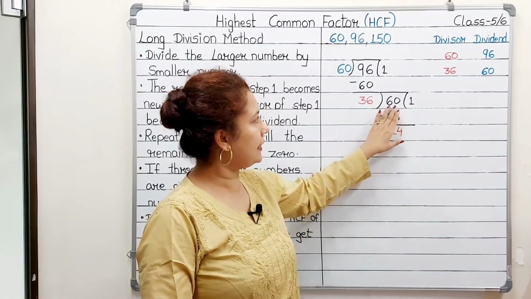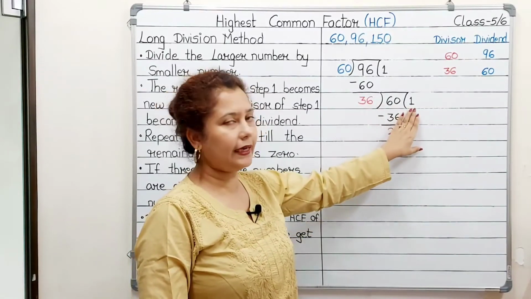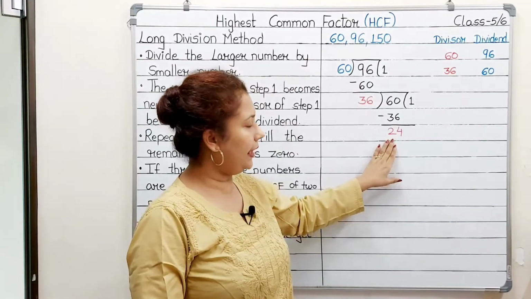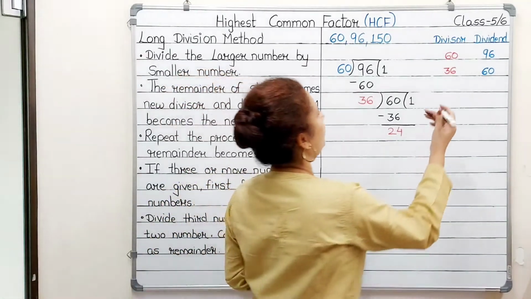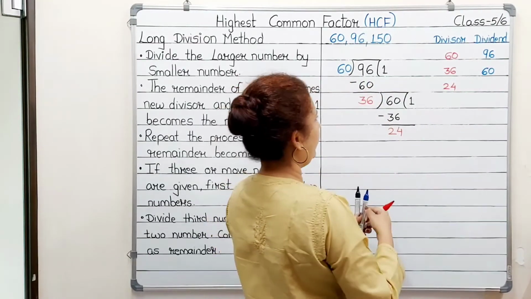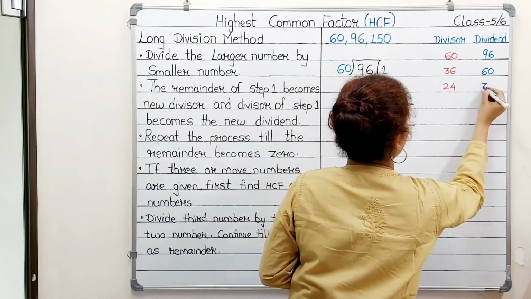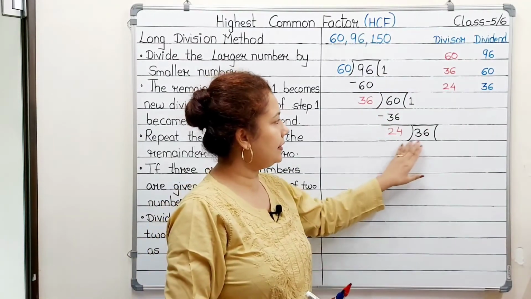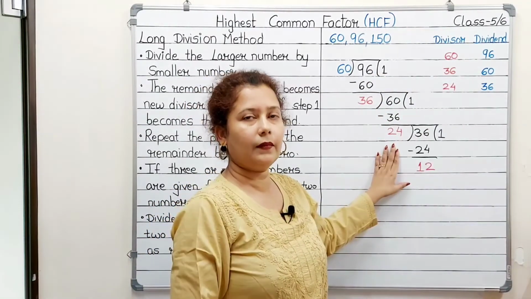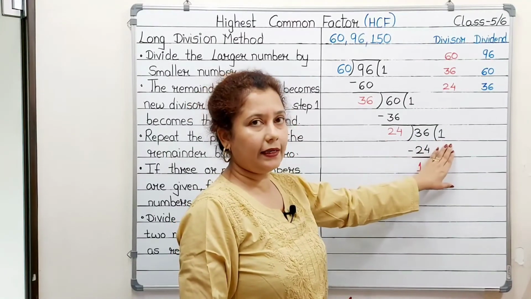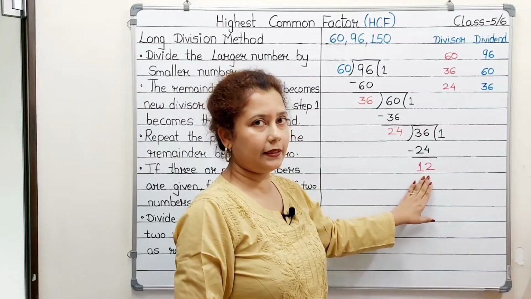When we divide 60 by 36, we get 1 as the quotient and 24 as the remainder. So again here 24 will become our new divisor and 36 will be our new dividend. So we will divide 36 by 24. When we divide 36 by 24, we get 1 as the quotient and 12 as the remainder.